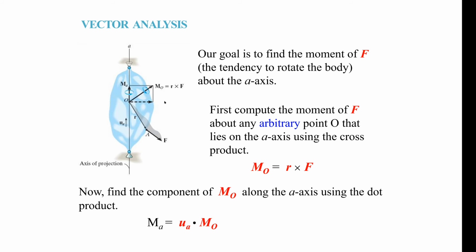Okay. Now from that, if you remember from previously when we talked about the dot product, it's like the projection of a vector on a certain axis, or a certain line, or a line of action. So this is a vector, and if we wanted to find out how much of it is along this line, we just do the dot product of u_A, which is the direction vector that represents this line of action A, dotted with our original moment about some point on this line.